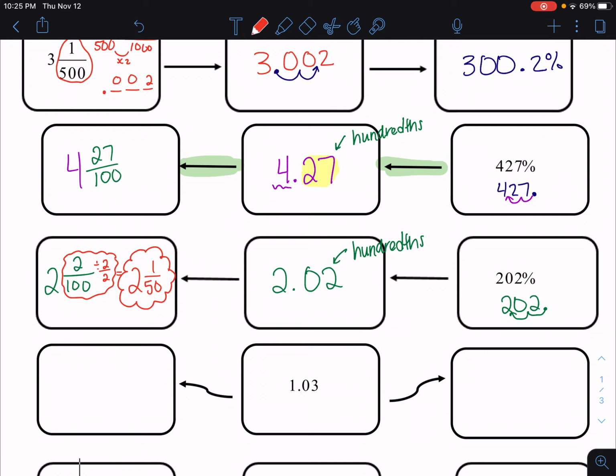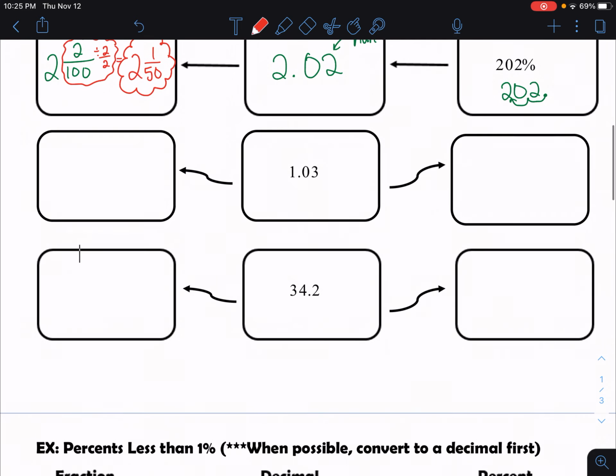This is going from a percent to a decimal and then to a fraction. In the next 2 examples, I'm going from the decimal, and I can go either direction that I want to first. If I want to go from a decimal to a fraction, I'm going to start by putting the 1 out in front for my mixed number.